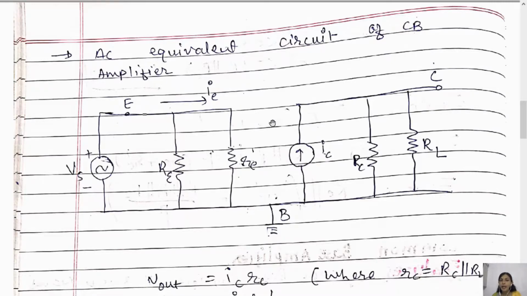So this is the pi model of the CB amplifier, in which we can see this is the emitter terminal, base terminal, and this is the collector terminal. Out of these three terminals, base is common, that means grounded.